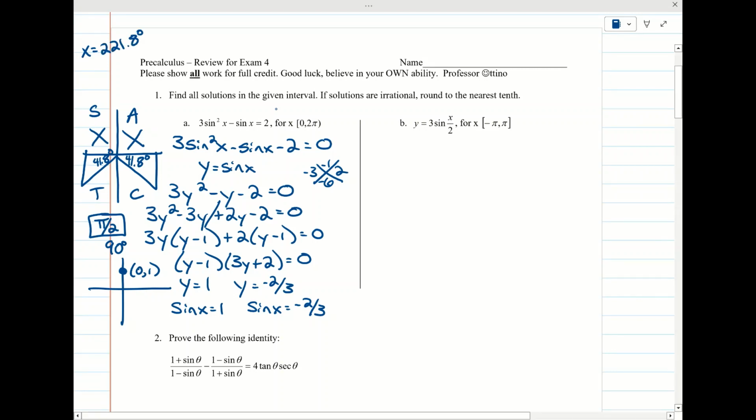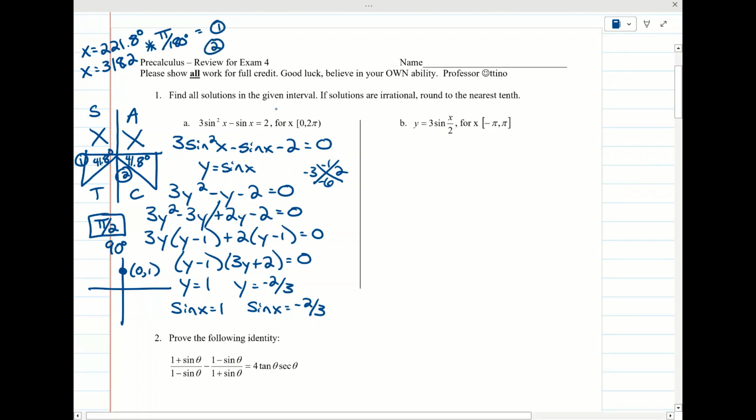We can convert that to radians in a minute. That's this first angle. The second angle is 41.8 degrees less than 360. So 360 minus 41.8 is 318.2. The way you convert these to radians is you multiply by pi over 180.